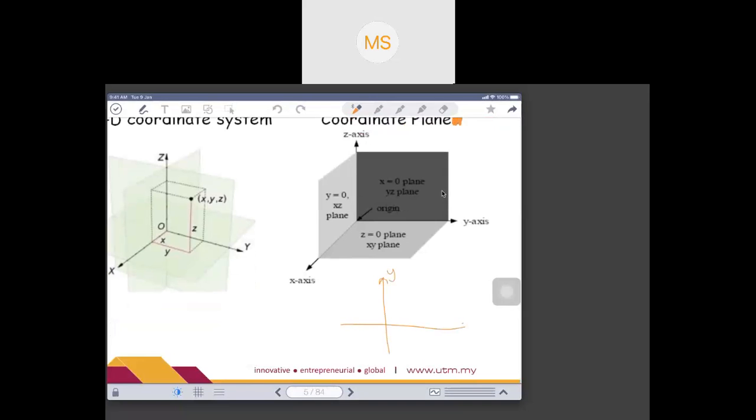This is one of the coordinate planes, meaning that there is only x and y, z missing, no z. You plot onto the system where there is y and x.